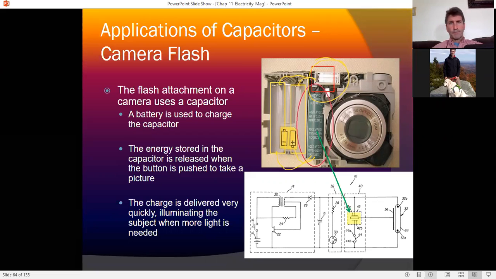Other places where we use capacitors are great for smoothing out noise from electronic signals. What'll happen is if you suddenly get a spike in voltage, the capacitor will fill up during that spike and then slowly unload after the spike has passed.